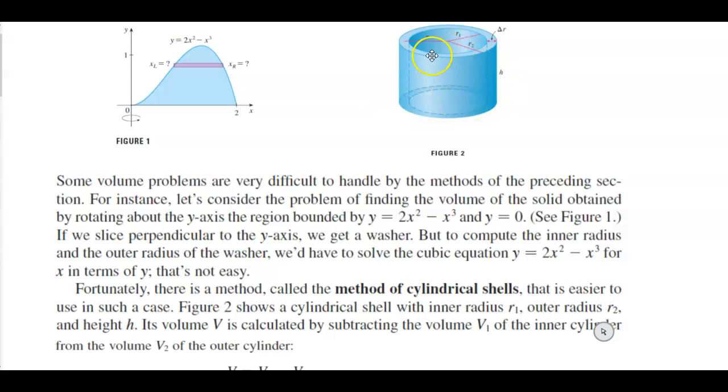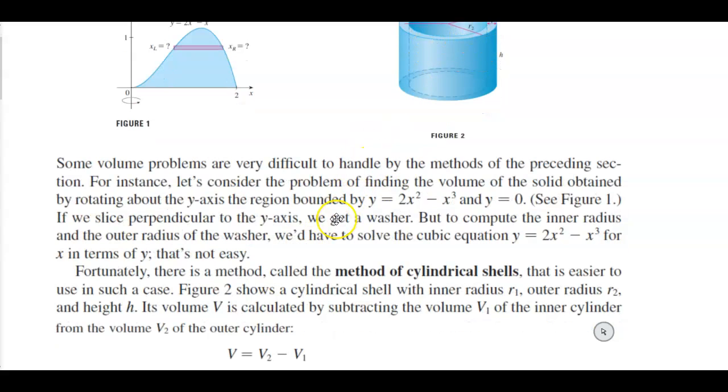So if you take a look at figure 2, it shows a cylindrical shell with an inner radius of r1, an outer radius of r2, and a height of h. Its volume is calculated by subtracting the volume V1 of the inner cylinder from the volume V2 of the outer cylinder.